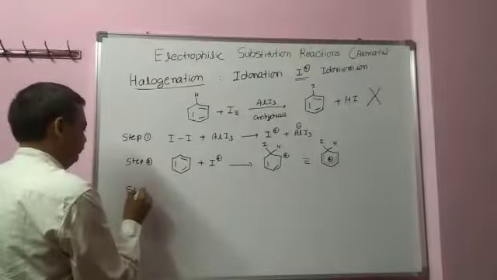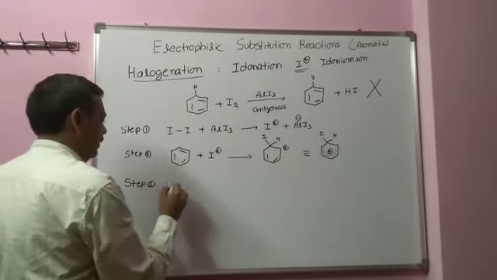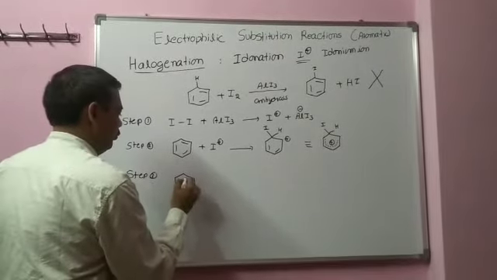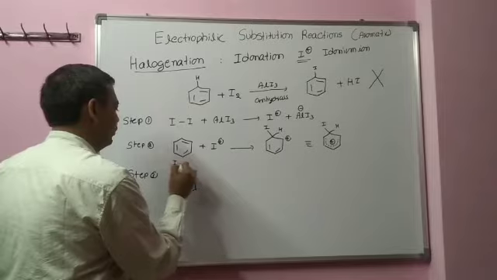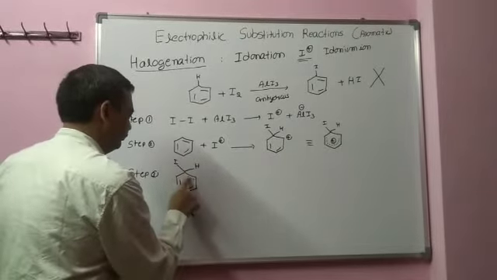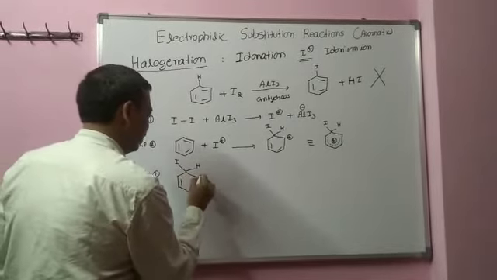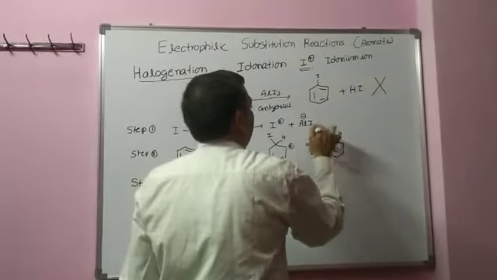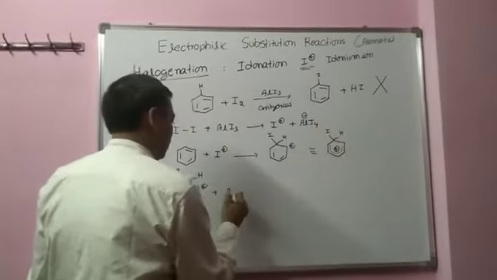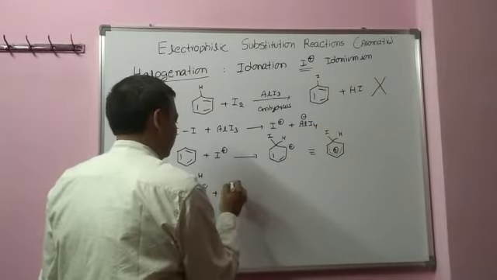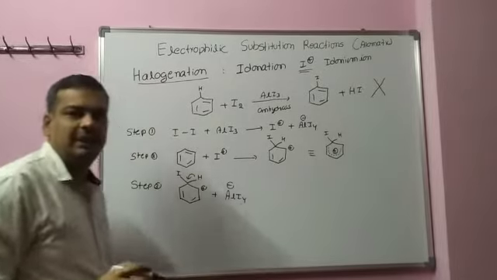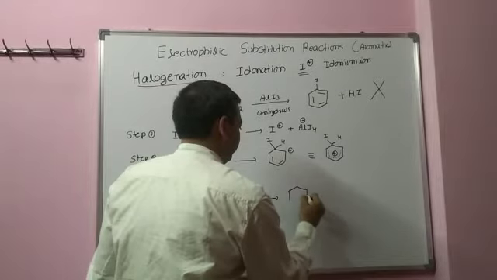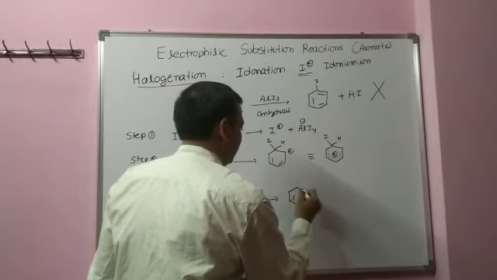Step 3 is removal of the proton. We have AlI4 minus in the reaction, so this hydrogen is removed and goes outside.